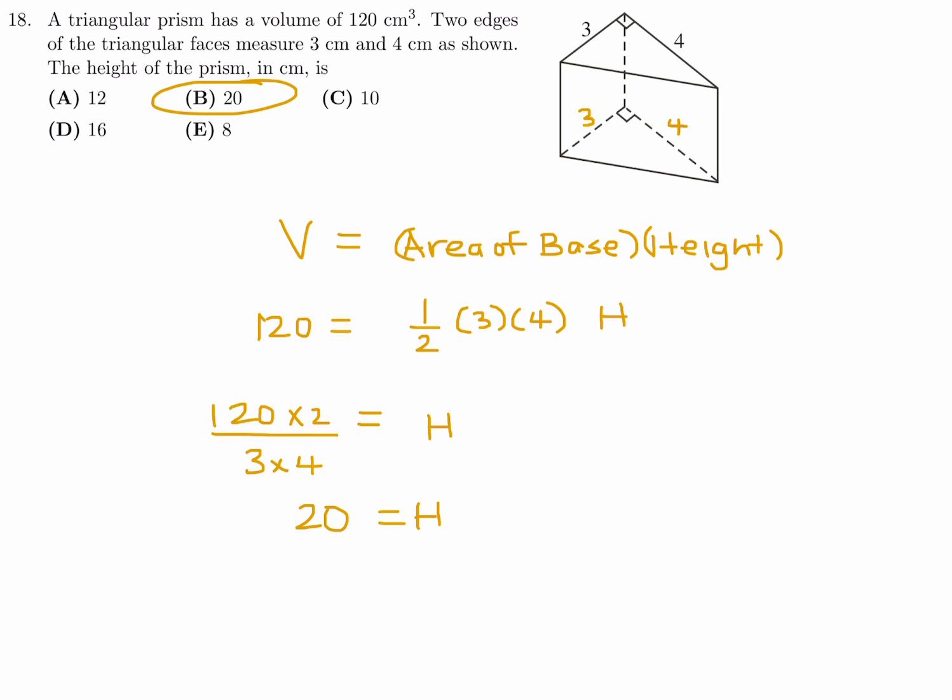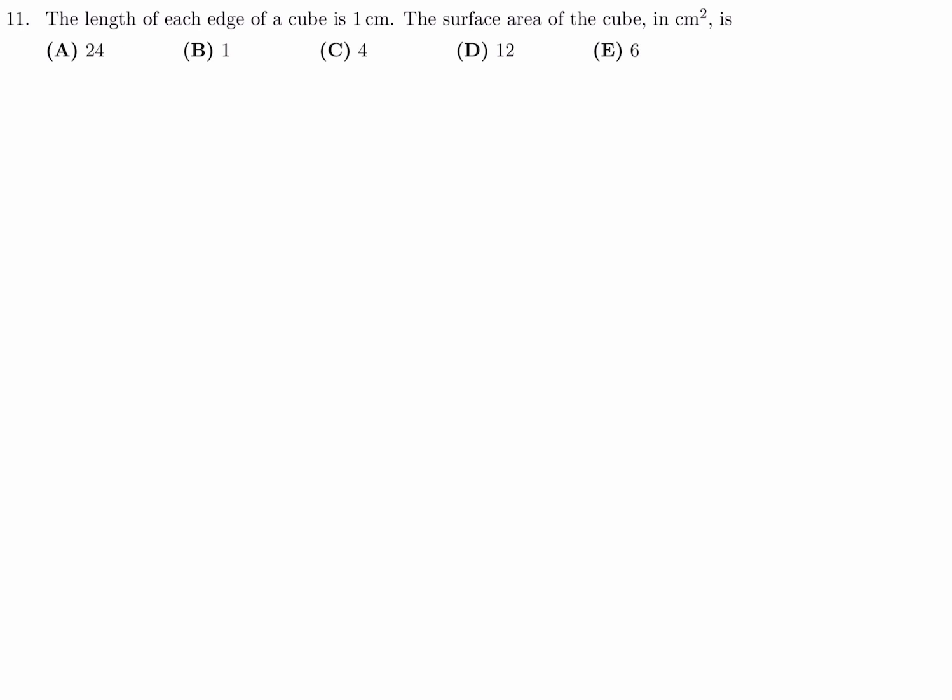The length of a cube edge is 1 centimeter. The surface area of the cube is. A cube, as you are well aware, has 6 faces, correct? And the length of each side they're saying is 1. Length times width times height will all be the same for a cube.